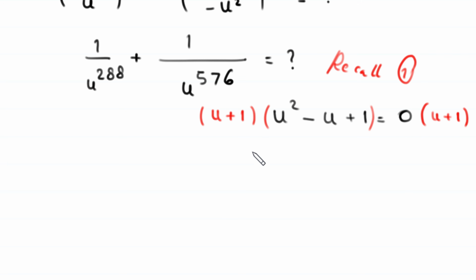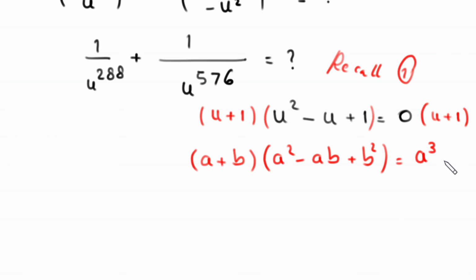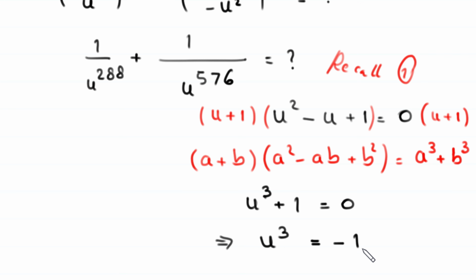So by using this algebraic identity, (a plus b) times (a squared minus ab plus b squared) equal to a cubed plus b cubed, this left hand side will become u cubed plus 1 equal to 0 times (u plus 1) will become 0. If we move this 1 to the right hand side, this implies that u cubed equal to negative 1.